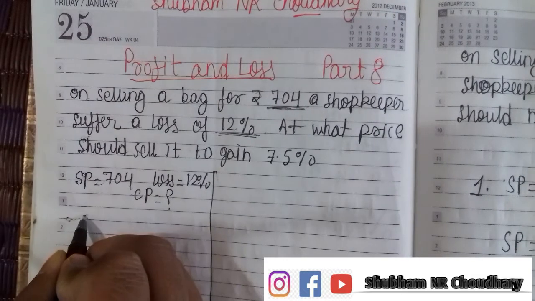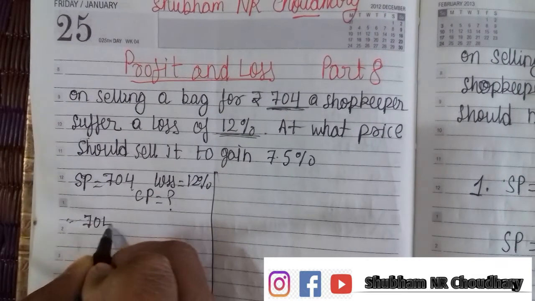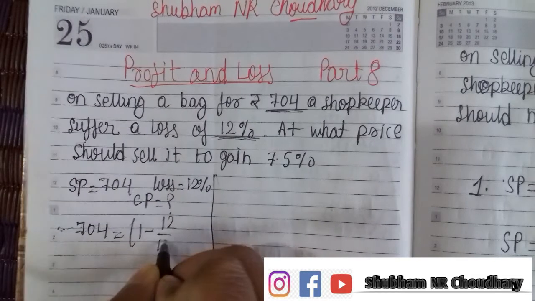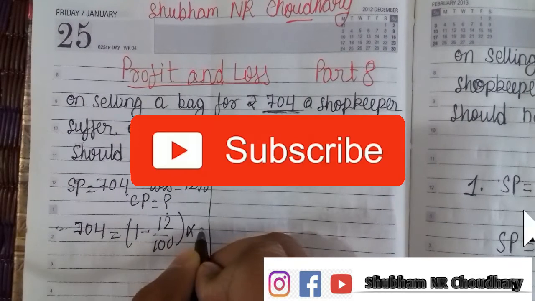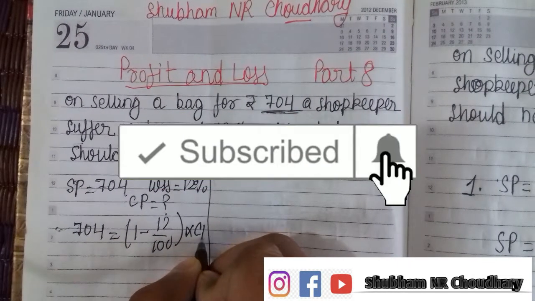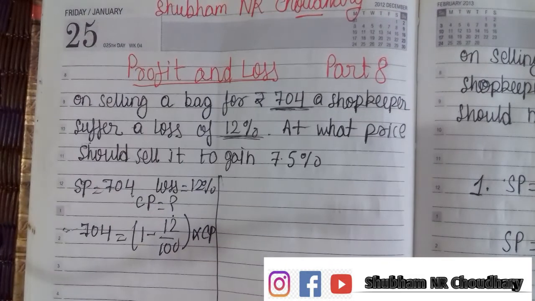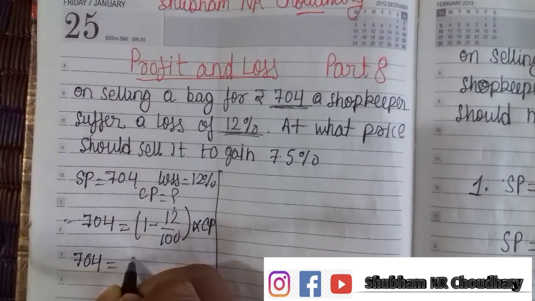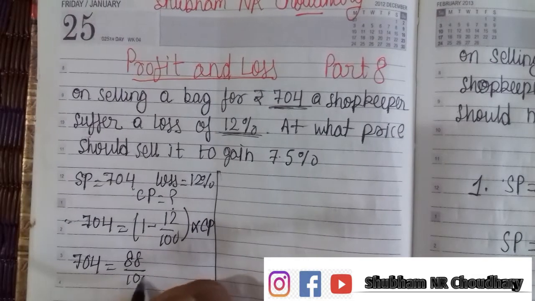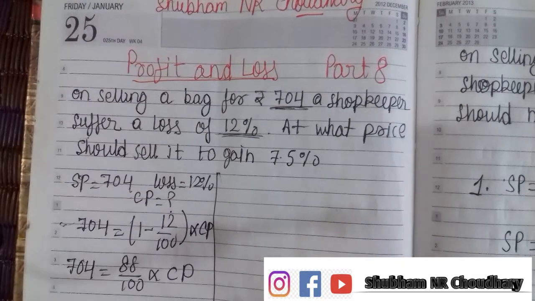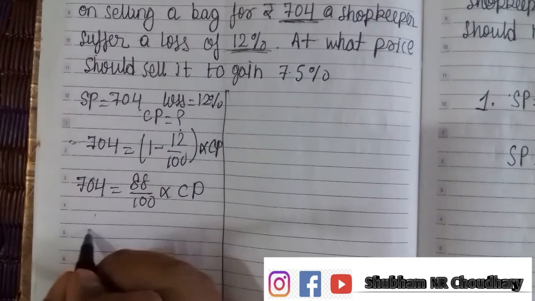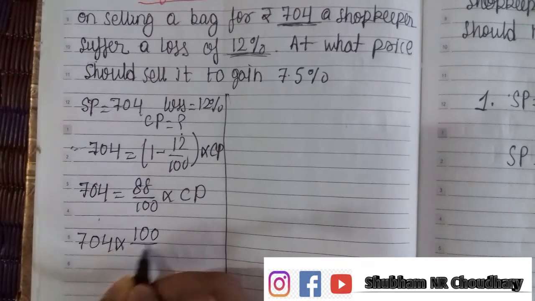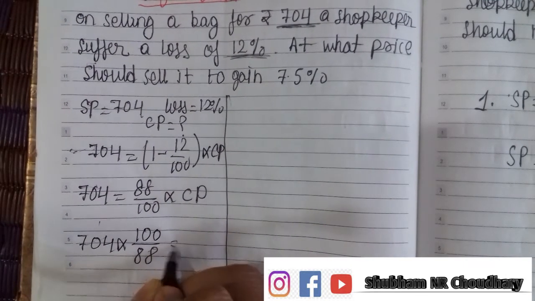So basically 704 equals 1 minus 12 by 100 into CP. Okay? So 704 equals 88 by 100 into CP. Then 704 into 100 by 88 equals CP.